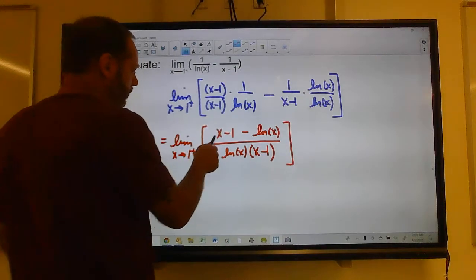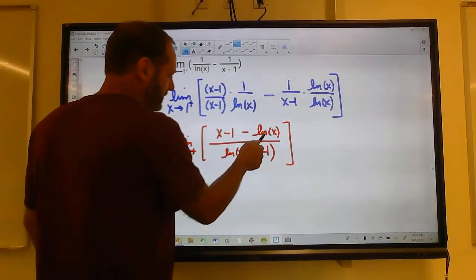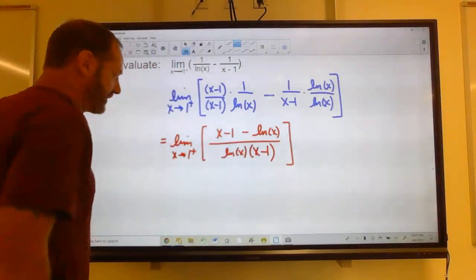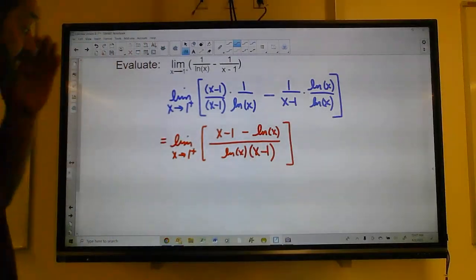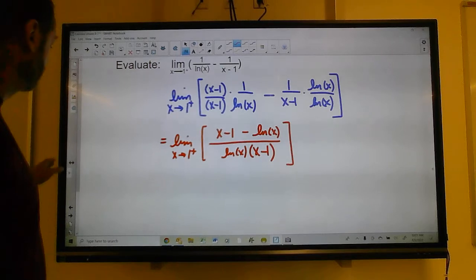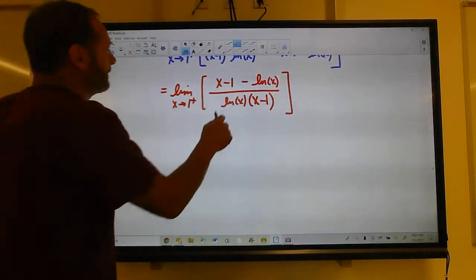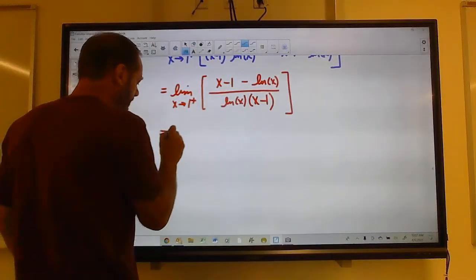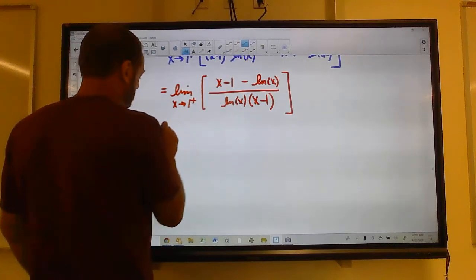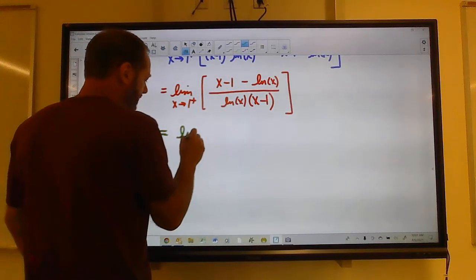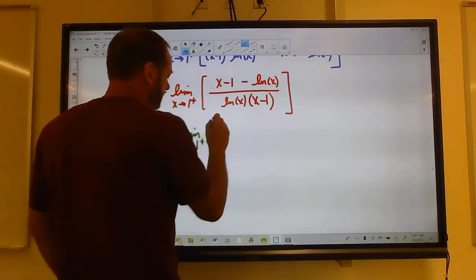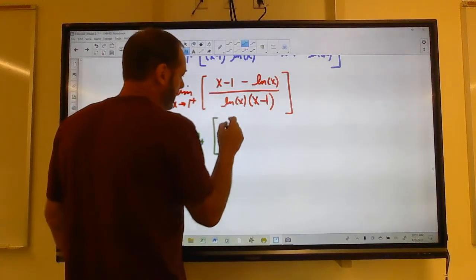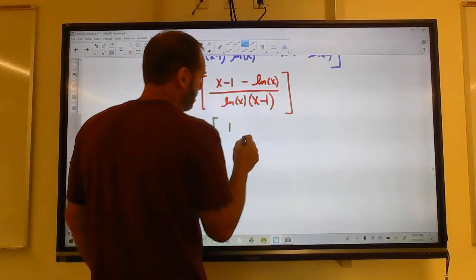Okay, so if I plug in 1, I get 0 minus 0, so it's 0 on the top, and then I get 0 times whatever, 0. So I still have an indeterminate form. So I need to take the derivative of this thing. So this is going to be the limit as x goes to 1 from the positive side. Okay, derivative of x is 1, derivative of negative 1 is 0.